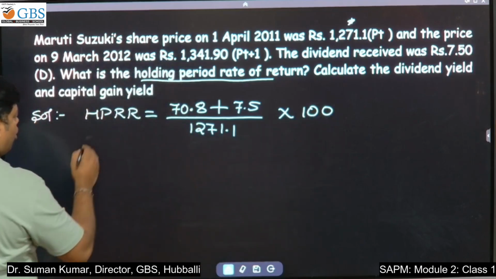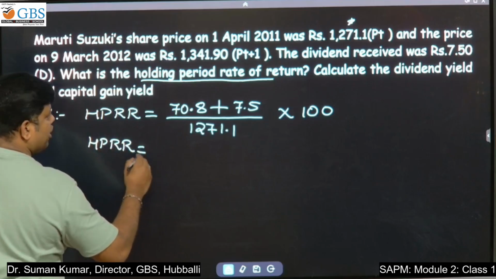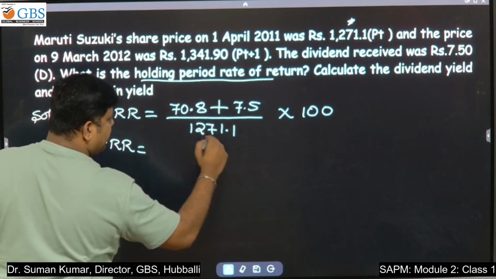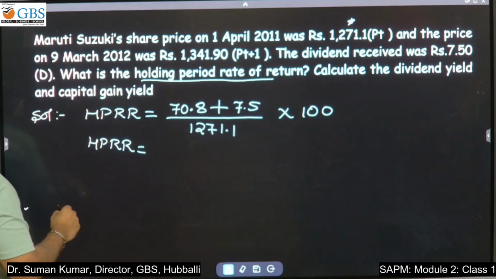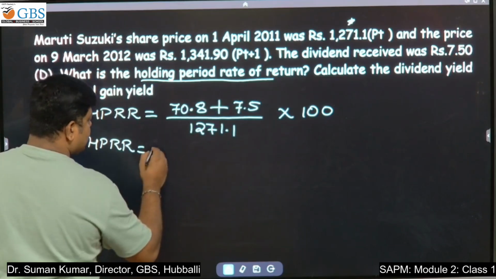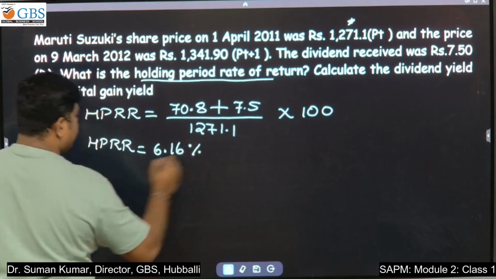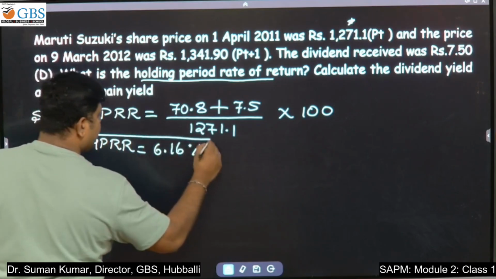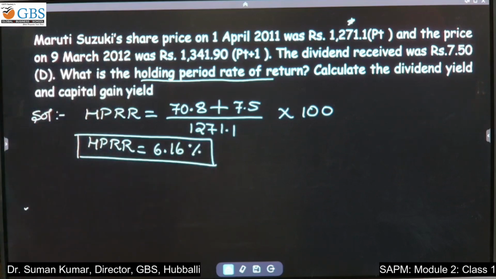So the holding period rate of return is 6.16%. This is the holding period rate of return.